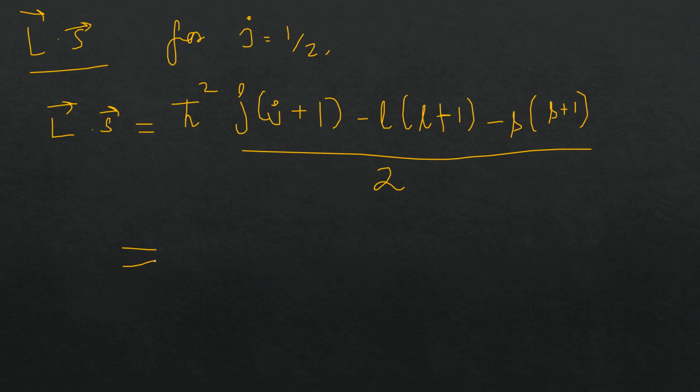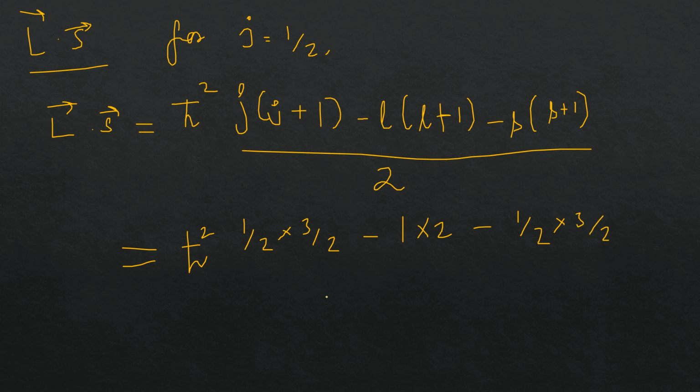So ħ² times half into half plus 1, that is 3 by 2, minus L is 1, so 1 into 2, minus S is half, so half into 3 by 2, whole divided by 2. So this will be cancelled. This is minus 2 by 2, that is minus 1. So this becomes minus ħ².